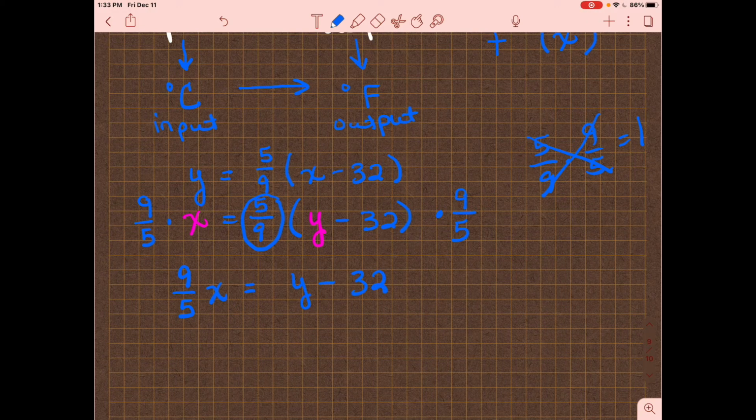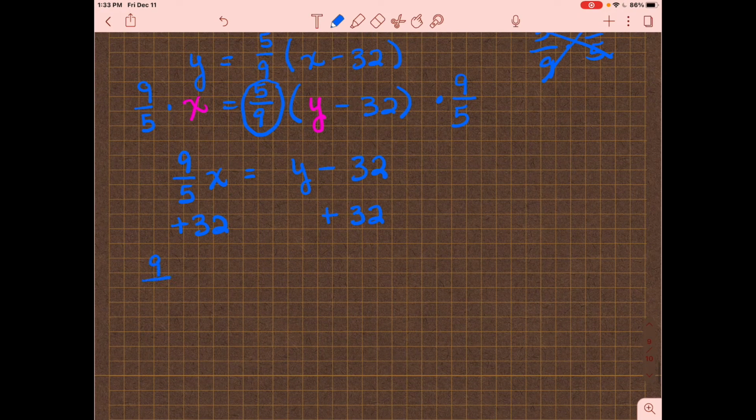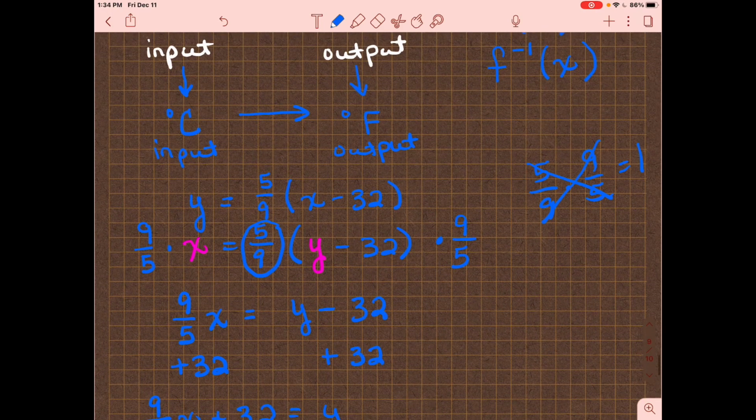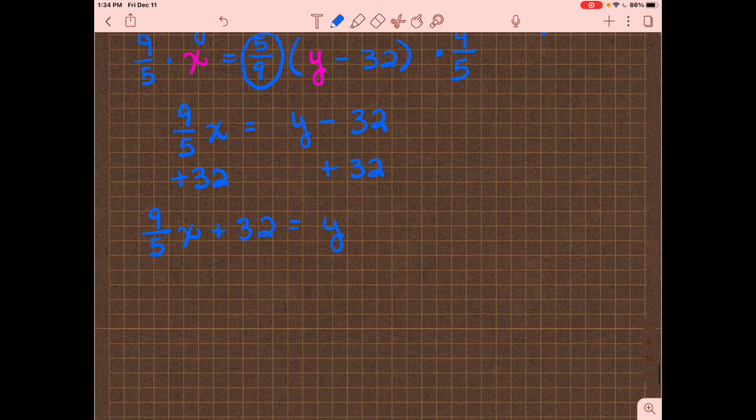Okay, one more step. I need to get y by itself, so I'm going to add 32 to both sides. And I'm going to get 9/5 x plus 32 equals y. So now I have an equation where x is when you put in your Celsius temperature, and y is where you output your Fahrenheit temperature.